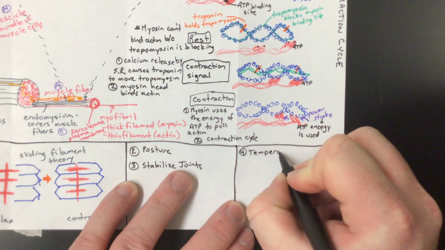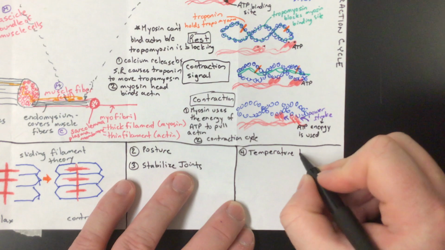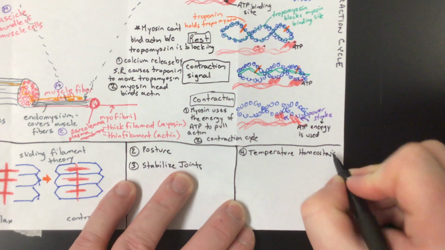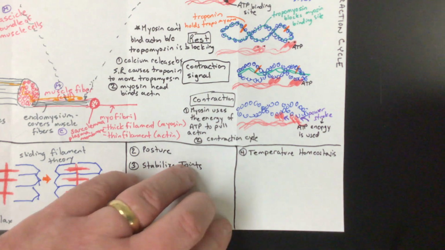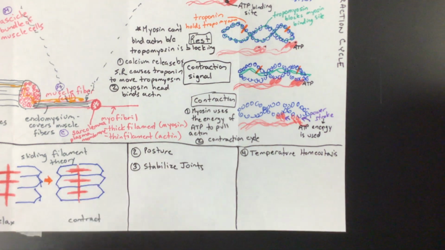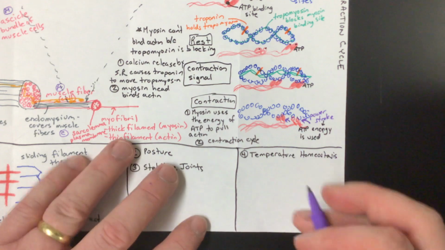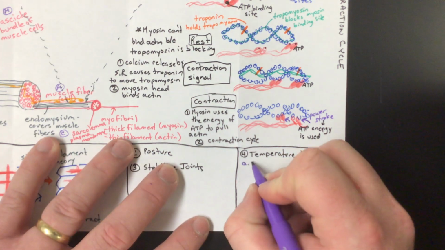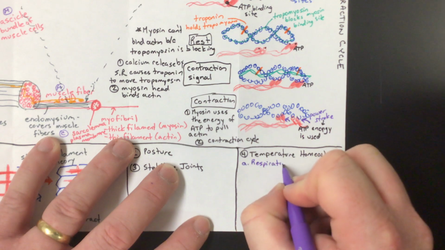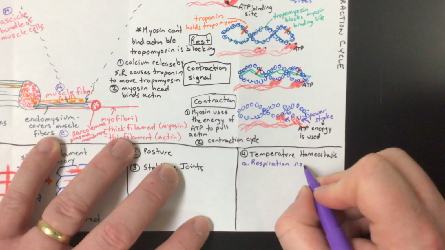And then last of all, skeletal muscle really helps with temperature homeostasis. And we've talked about this already in kind of like multiple forms here, but I just wanted to recap whenever we can. So let me use a different color. I'll use purple here. So cellular respiration normally makes heat.